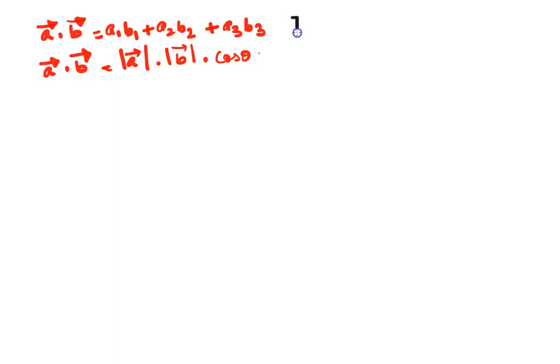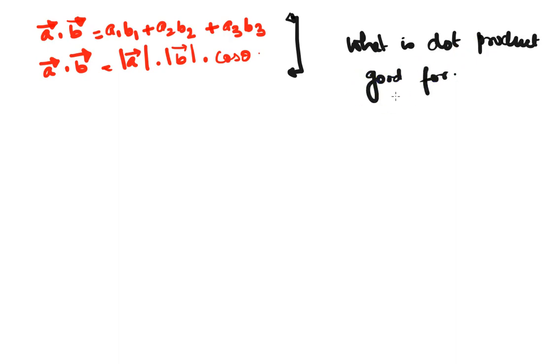However, what is dot product good for? As we go deeper into vectors, and as you work through physics questions using vectors, you would often need to find the length of a vector or potentially an angle between vectors.